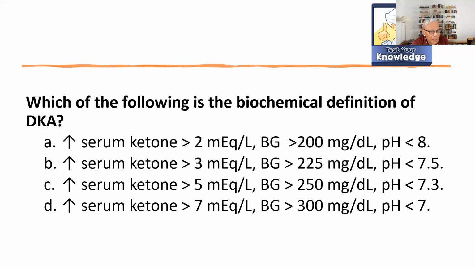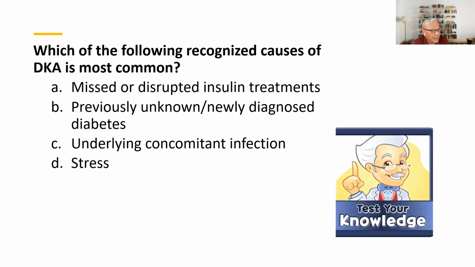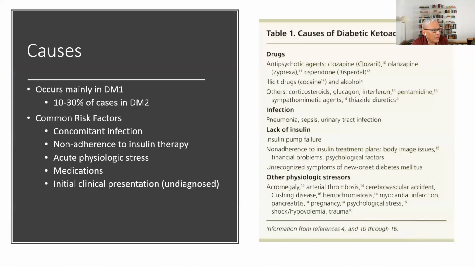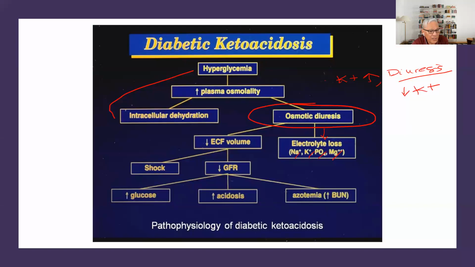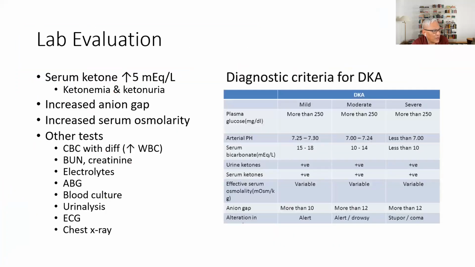Okay, so let me go back to the slide wherein I emphasize that the definition of diabetic ketoacidosis is a serum ketone above 5 mEq. Please remember that right here. You see it?